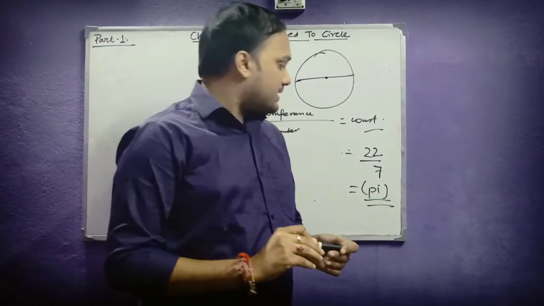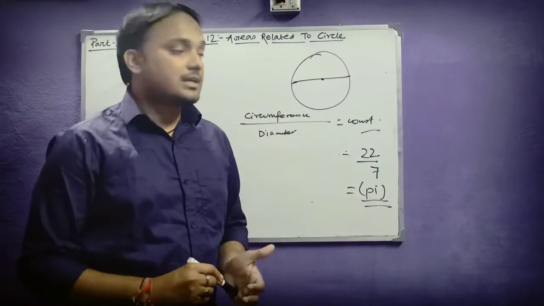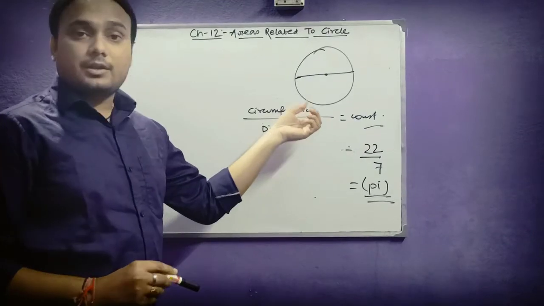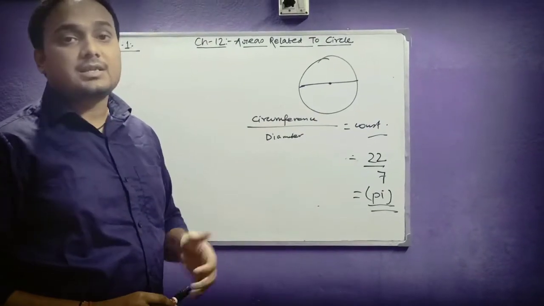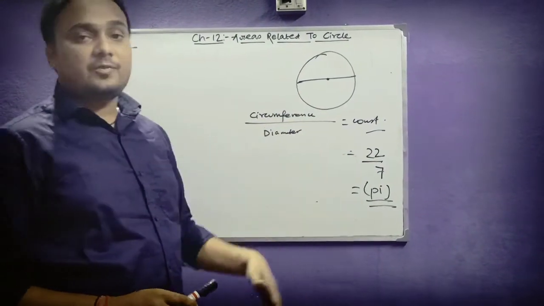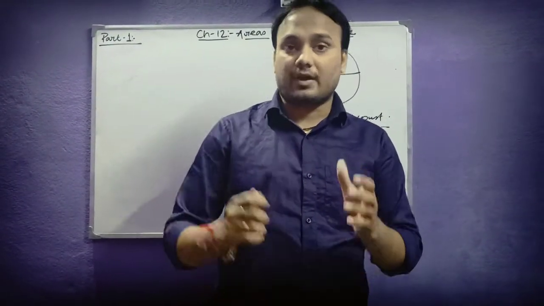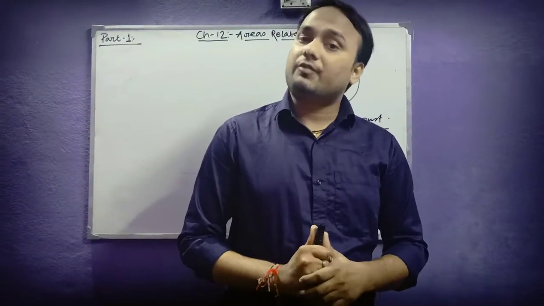This value 22/7 represents the ratio between the circumference and diameter of any circle, so pi is equal to 22/7.